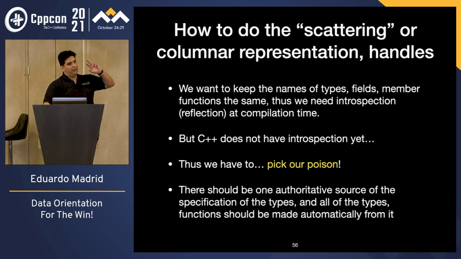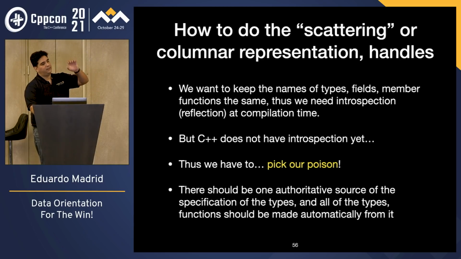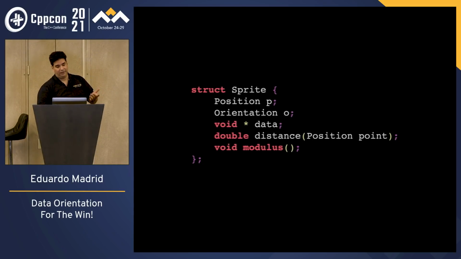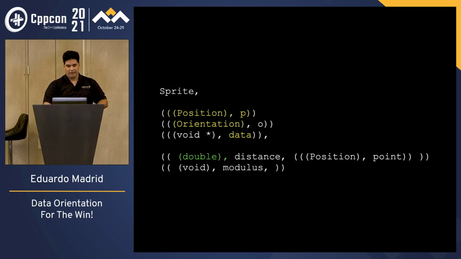However, there has got to be a way to specify our types so that these transformations of the scattering or the columnar representation can be done automatically. The solution that I have found for that is to use macros. If you want the result to be something like this sprite structure here, this would be the way in which you would describe it using macros.